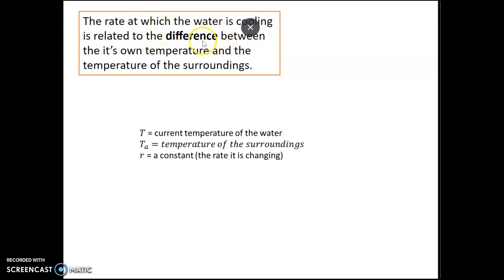we'll just talk about this thing here. This is one of Newton's theories. The rate at which the water is cooling is related to the difference between the thing's own temperature and the temperature of the surroundings. So the rate of change of temperature is related to the temperature minus the temperature of the surroundings, multiplied by some sort of constant.